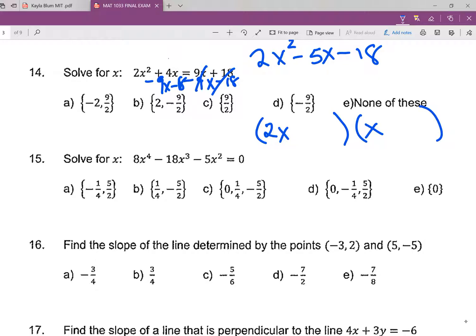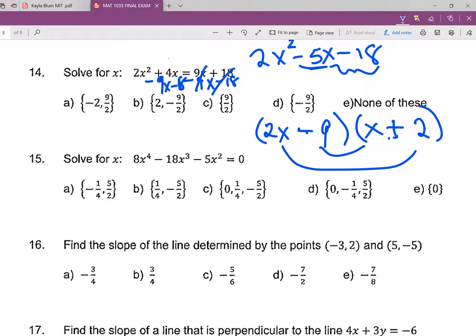So I would need possibly a 9 and a 2. If you think about it, 9x minus 4x would work if that's a negative and that's a positive, right? Remember, this is a negative 18, so it has to be a plus-minus situation in terms of the factors. So negative 9 times positive 2 definitely gives you a negative 18, and we need a negative 5x, so negative 9x plus 4x will definitely give us a negative 5x in the middle.